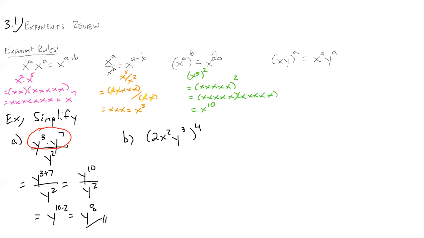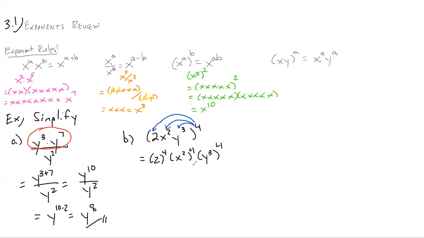So what I can do is just push the 4 sort of the way that multiplication distributes through addition. It's very similar. And so what I'm going to get here is 2 to the 4, x squared to the 4, and y cubed to the 4.